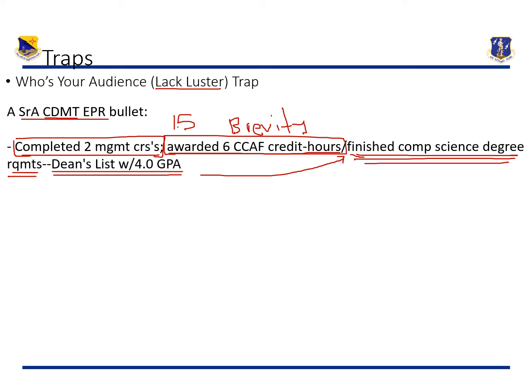But I would have definitely started this bullet with "completed computer science degree," dash, dash. Awarded 6 CCAF credit hours, I wouldn't even put that. I would say, who cares about the CCAF at this point when the member is getting a computer science degree, which is going to position him for a possible commission?